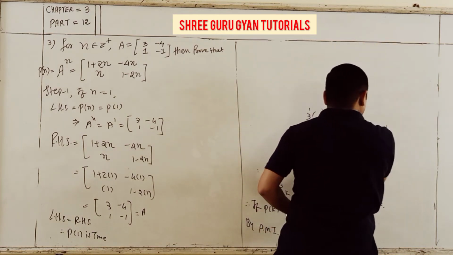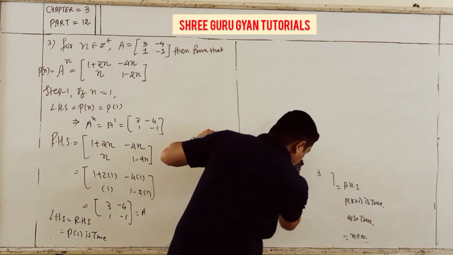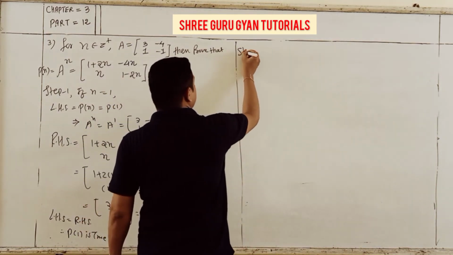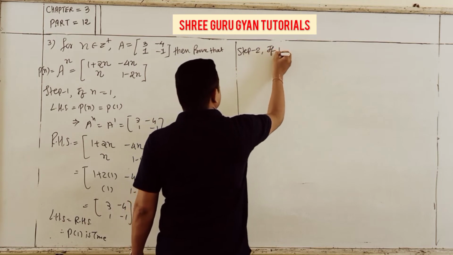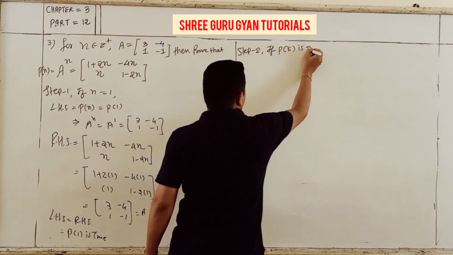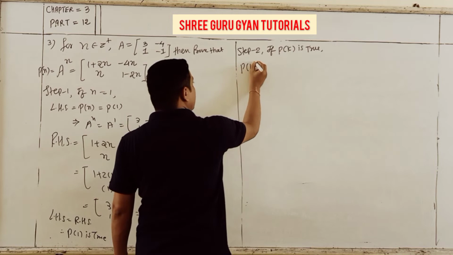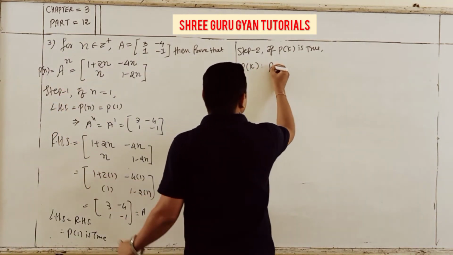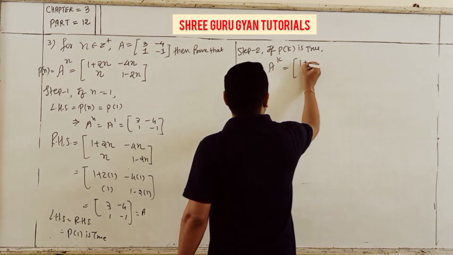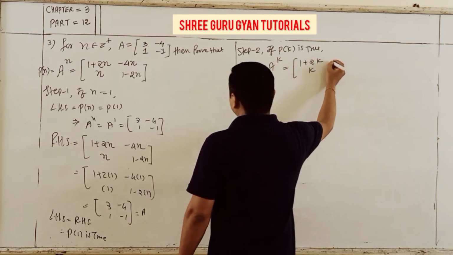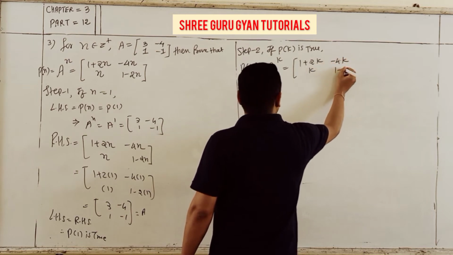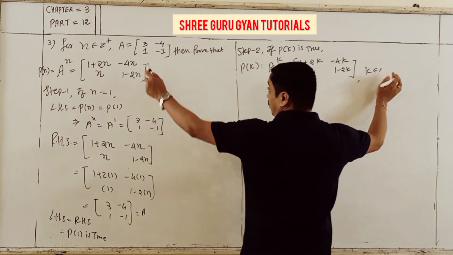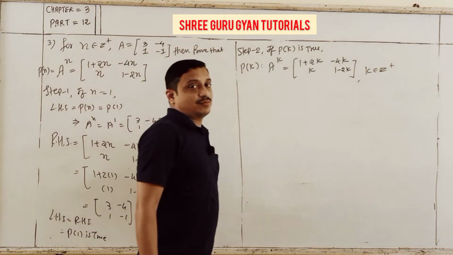Step 2. In step 2, very easily, if Pk is true, you should write this P of n in the k terms. So A raised to k is [1 plus 2k, k; -4k, 1 minus 2k] for any positive integer k.